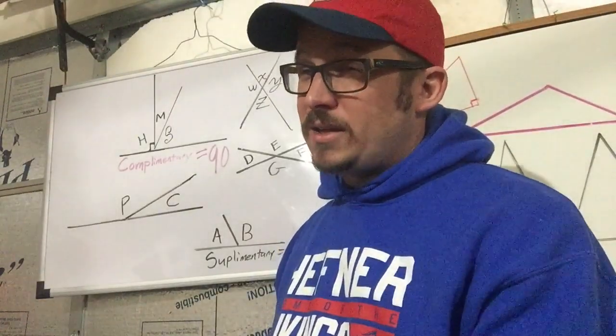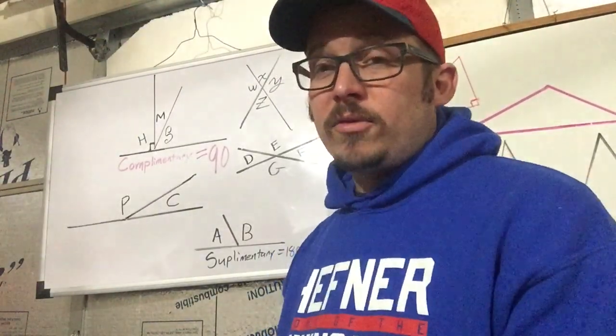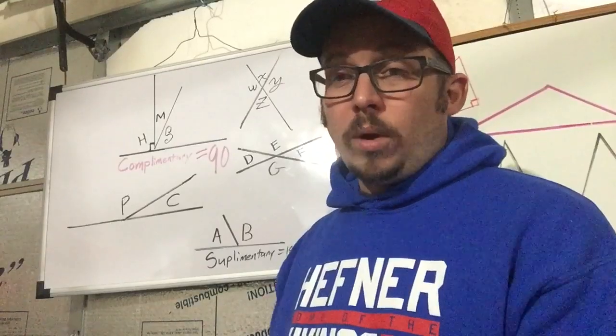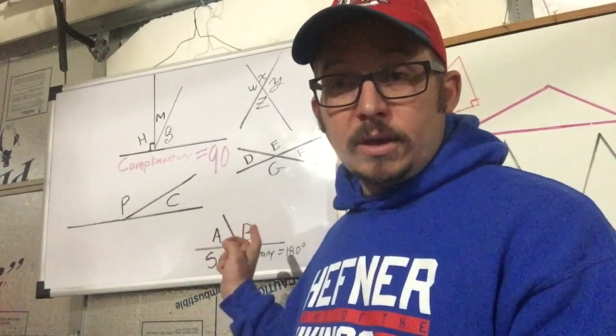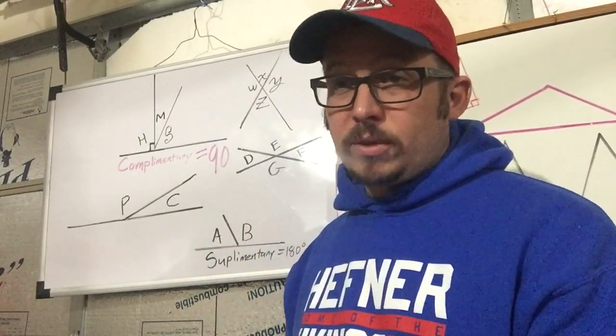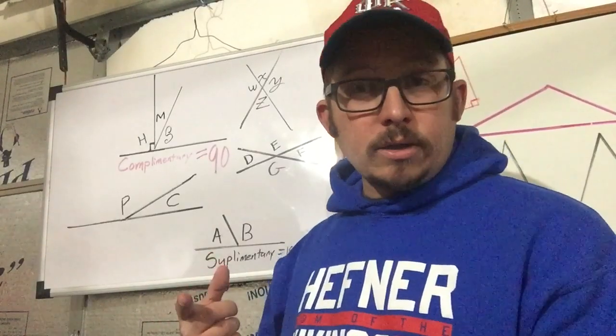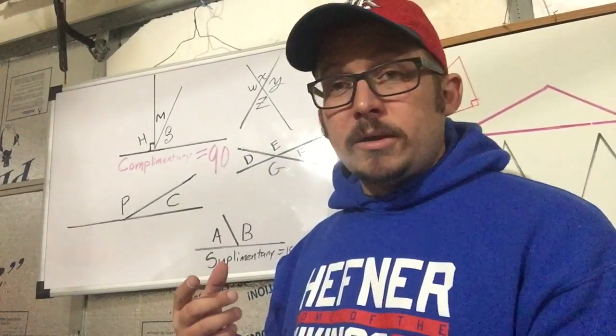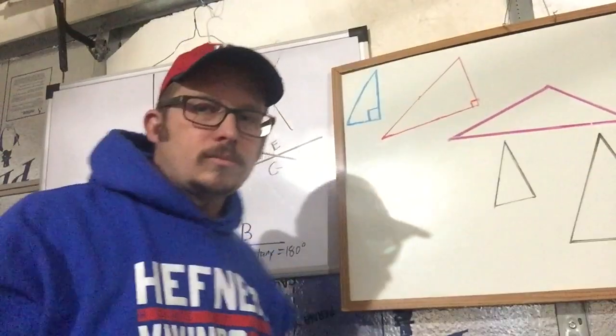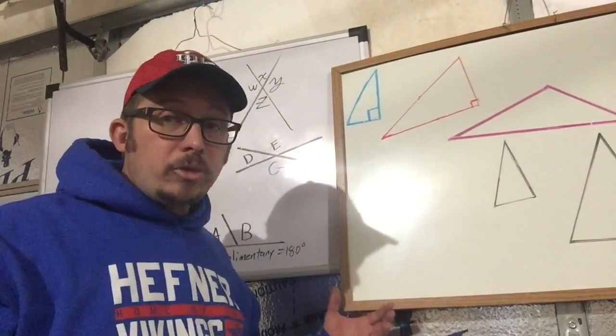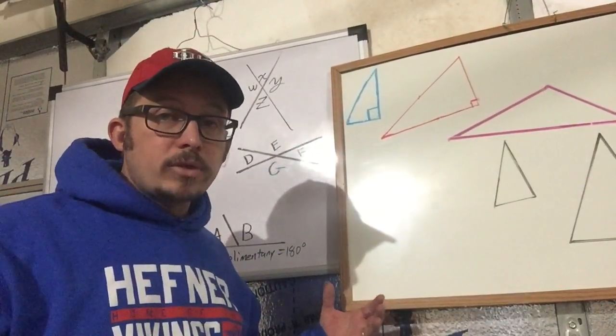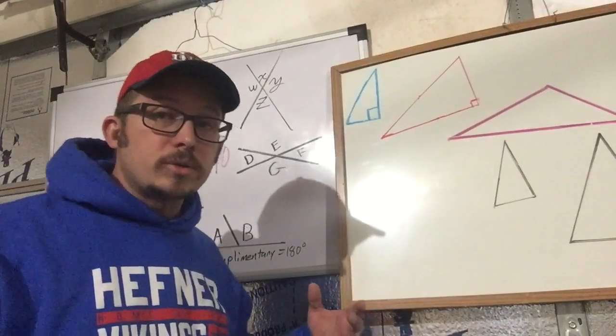That's pretty fantastic. If we have any one of the angles in a supplementary pair, we can figure out the other one. Two intersecting lines have how many supplementary angle pairs? How many angle pairs do we have that are supplementary when we've got two intersecting lines?